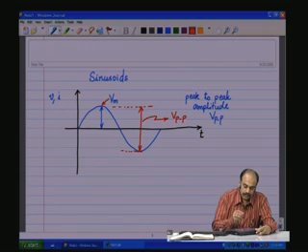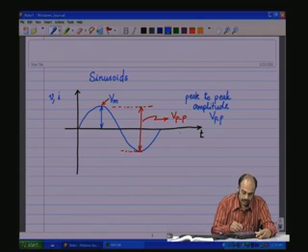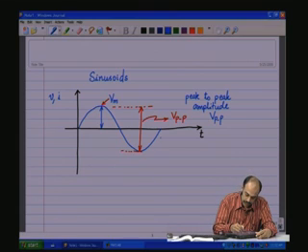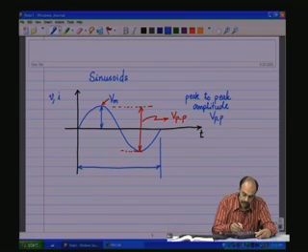Now, this sine wave also has some definitions on the x axis. One of the most important definitions is the time that it takes for completing one period, meaning it starts from 0, it reaches a peak, goes back to 0, goes in the negative direction, and then comes up and goes to 0.